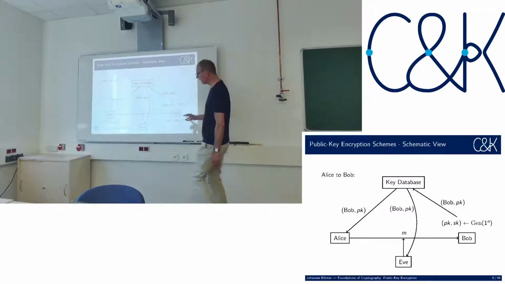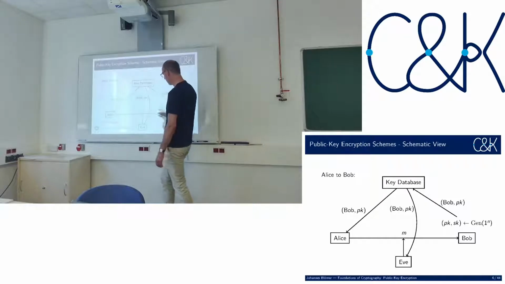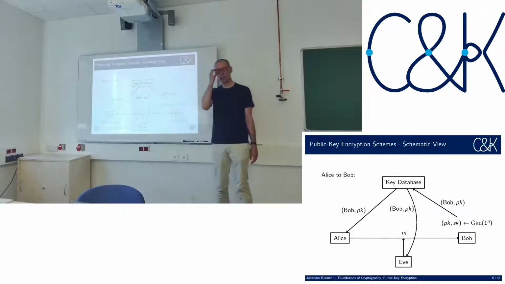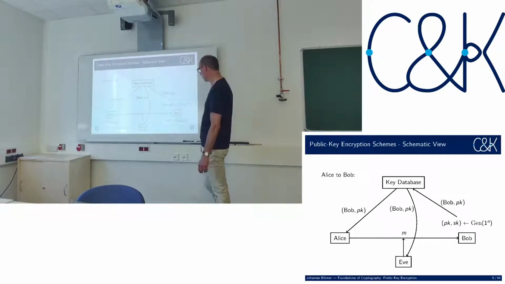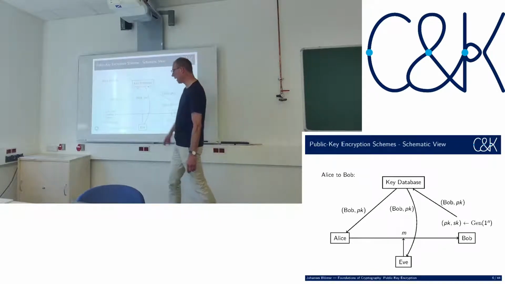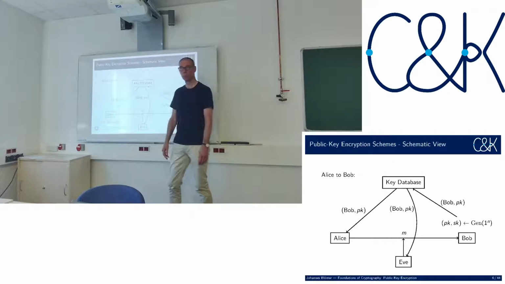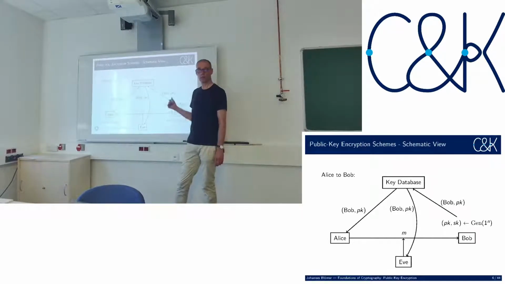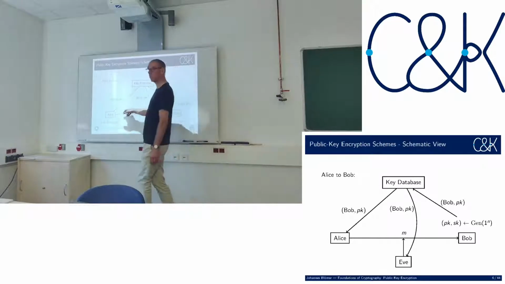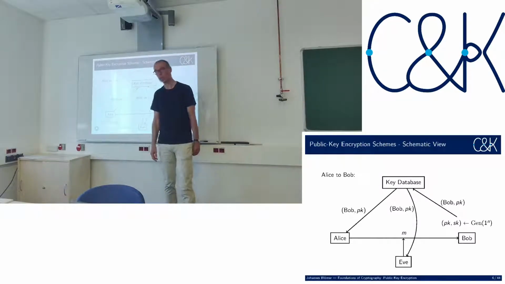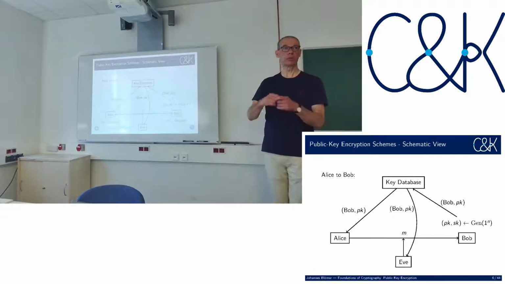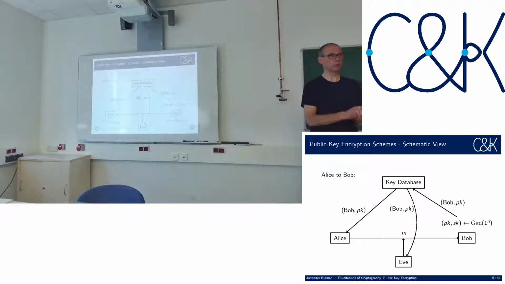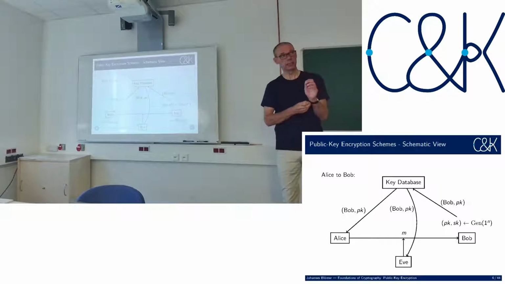As you can see, this process only allows Alice to send a message to Bob. So if Bob wants to send a message to Alice, then Alice has to generate her own pair of public and secret key. And then Bob has to use Alice's public key to encrypt the message for Alice.